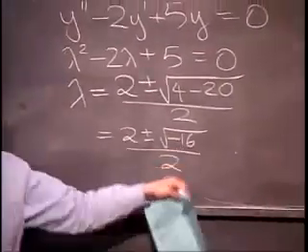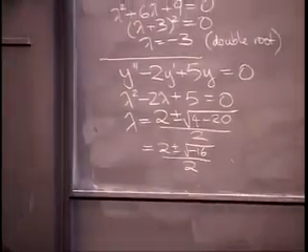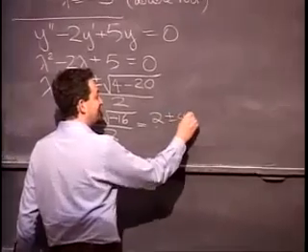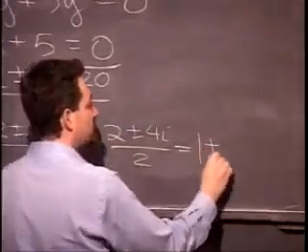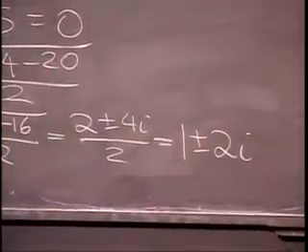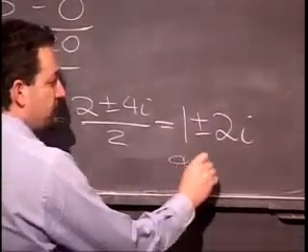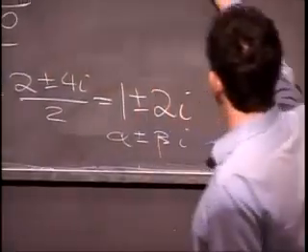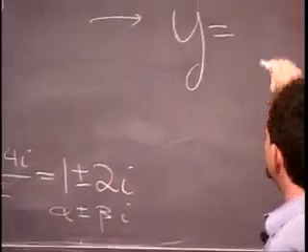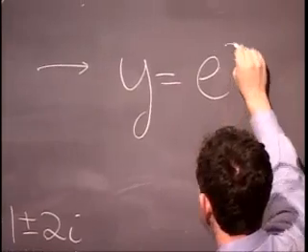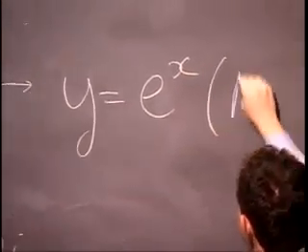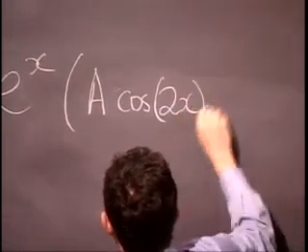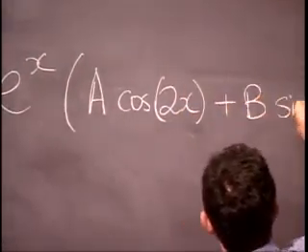Okay, so the square root of minus 16 is 4i, or minus 4i. We've already got those covered. So this is (2 plus or minus 4i) over 2, which is 1 plus or minus 2i. So according to the spec, this is like alpha plus or minus beta i, and we can write down the solution as y = e^(alpha x), alpha is just 1, times a cosine of beta x, well beta is 2, plus b sine of 2x.